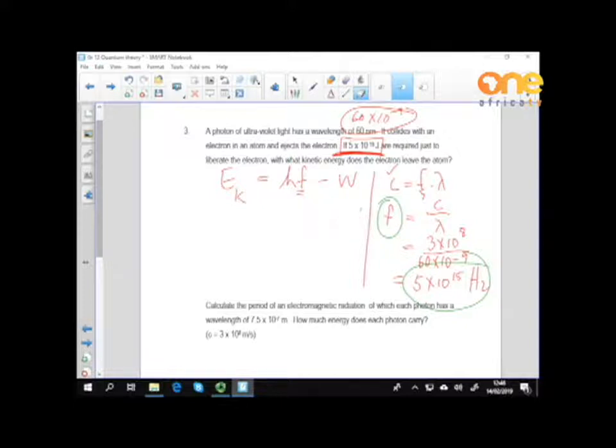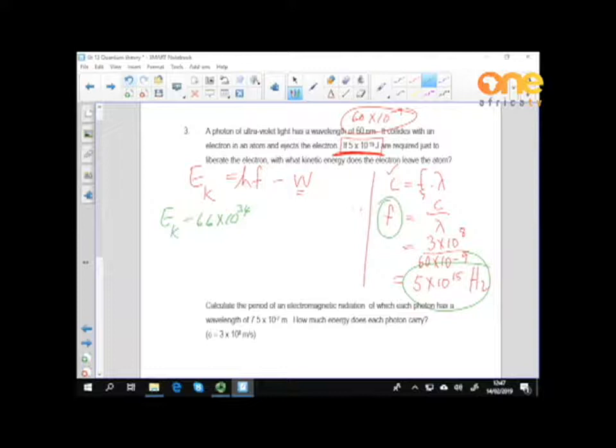So now the kinetic energy is going to be h times f, so it is 6.6 times 10 to the power minus 34, times the frequency that we've determined there, 5 times 10 to the power 15, minus 5 times 10 to the power minus 19.